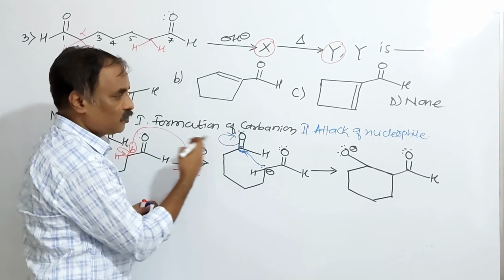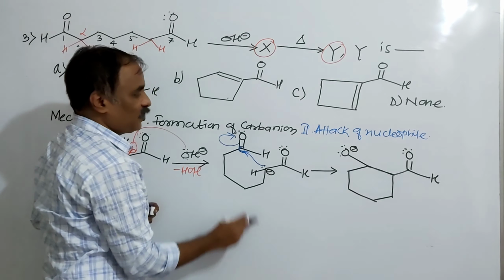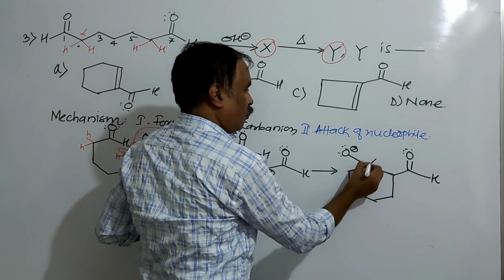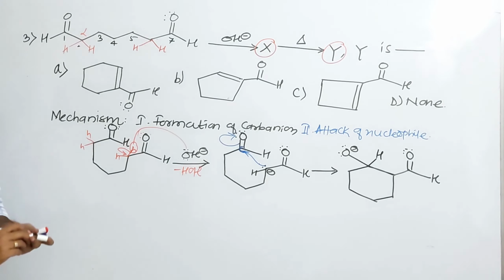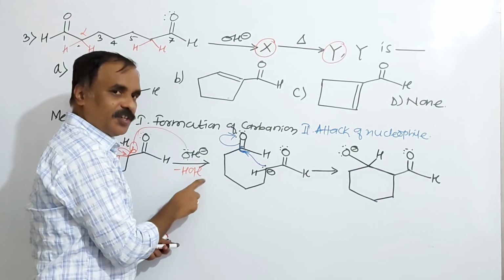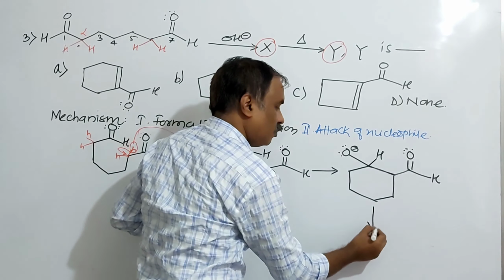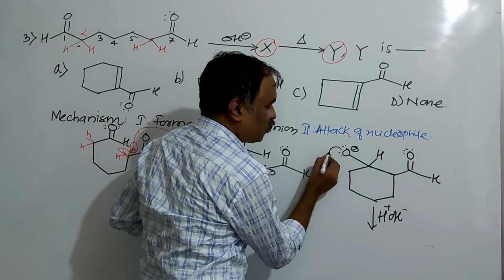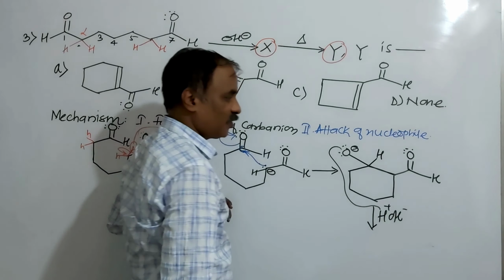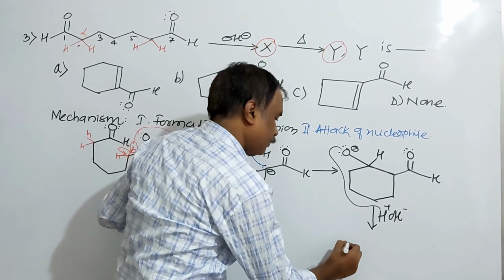It takes the electrons, so it acquires a negative charge, and here hydrogen is there. Now, in this step, H2O is taken in. So this O minus will take H plus and form OH.